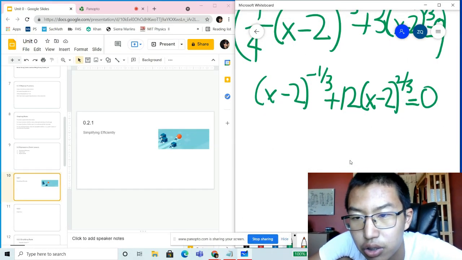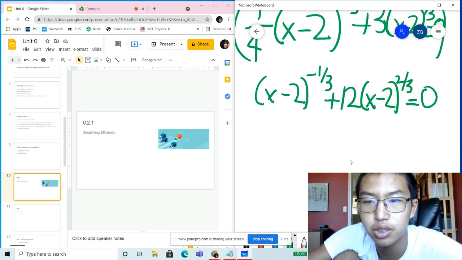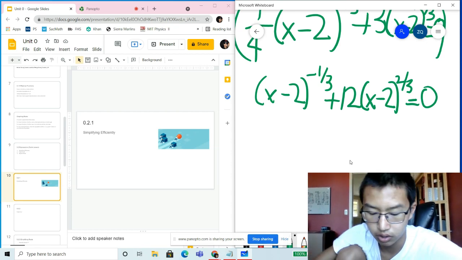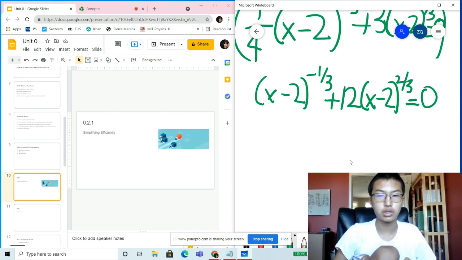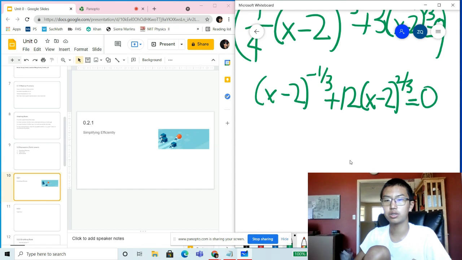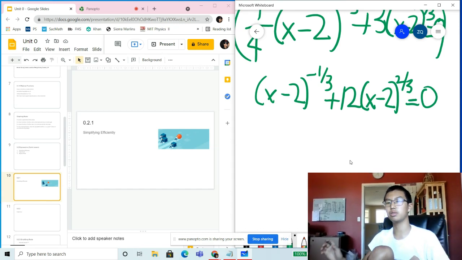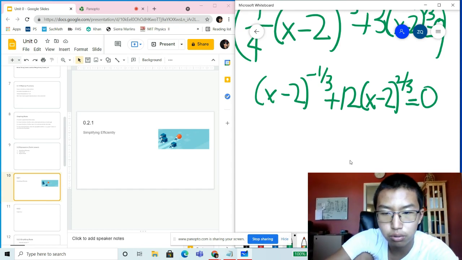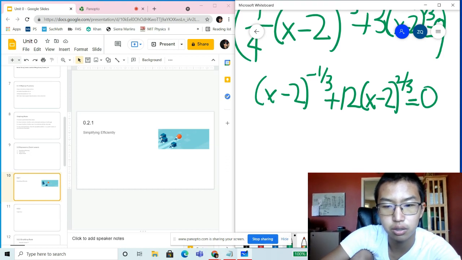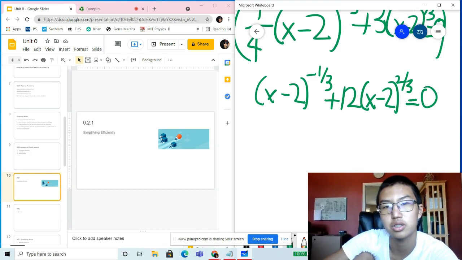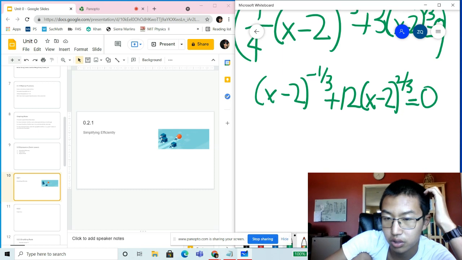Now you might think x is 2, but the problem is 0 to the negative 1/3 doesn't really work. If you put 2, you're technically saying 1 over the cube root of 0, and that's basically a super duper big number. We don't want that.